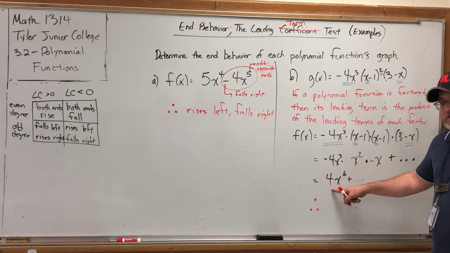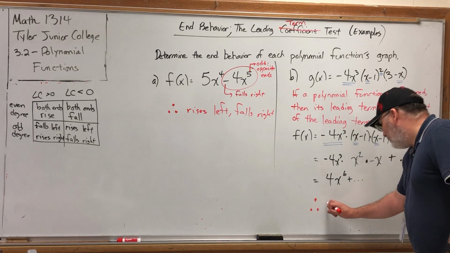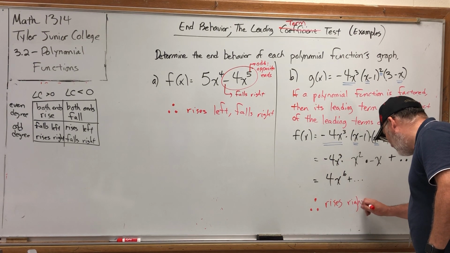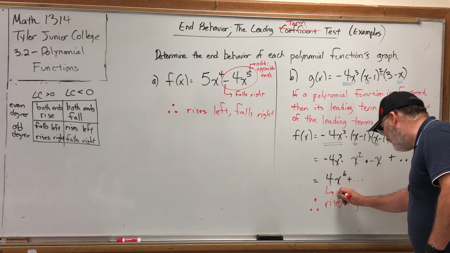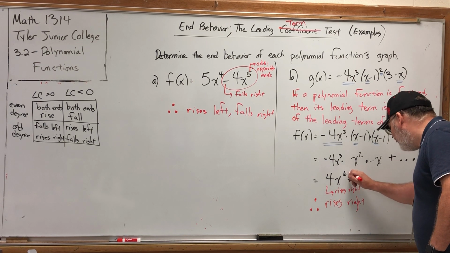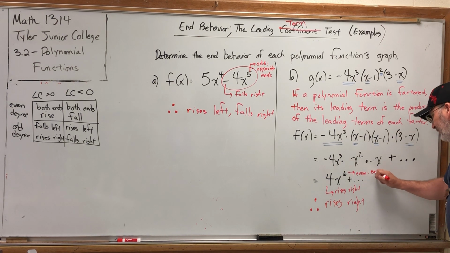The leading coefficient is positive. What does that mean? That means the right end rises. So it rises right. This 4 being positive means that it rises right. But the degree is even, and what does that mean about the ends compared to each other? That means equal ends.